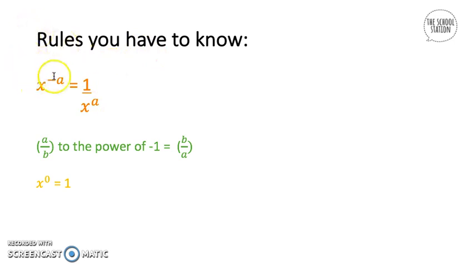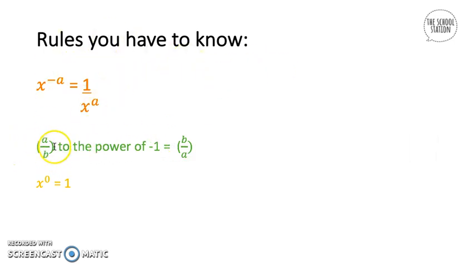For example, 5 to the power of minus 4 is exactly the same as 1 over 5 to the power of 4, because putting 1 over takes out that negative sign. Whatever number you have, if you convert it to this form, it becomes 1 over 5 to the power of 4, and you can just continue from there.